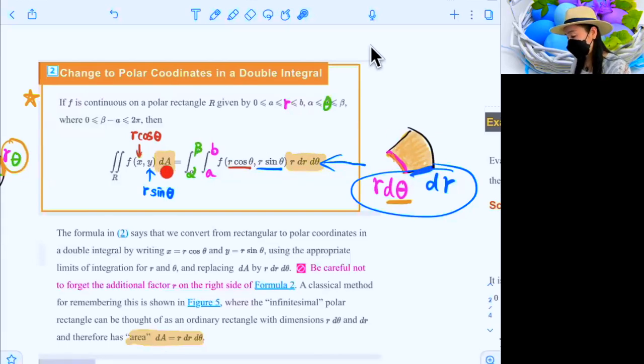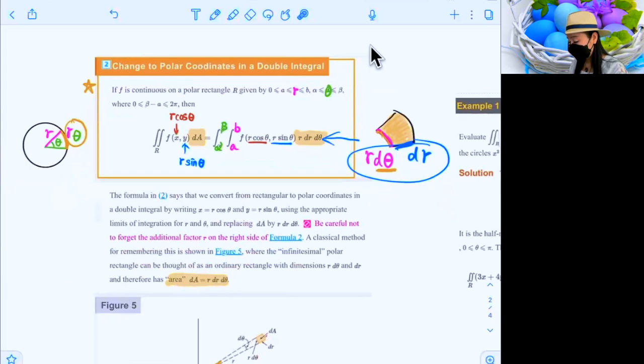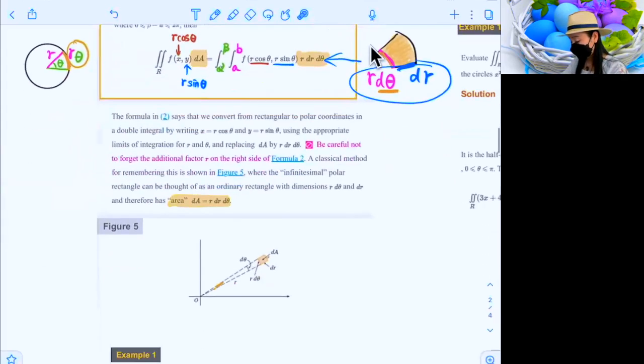So we replace dA here by r dr d theta, and then r changes from a to b, theta changes from alpha to beta, and then you can set up the integral, and that's how we do double integral in polar coordinate. Okay, remember this dA here is being replaced by r dr d theta.